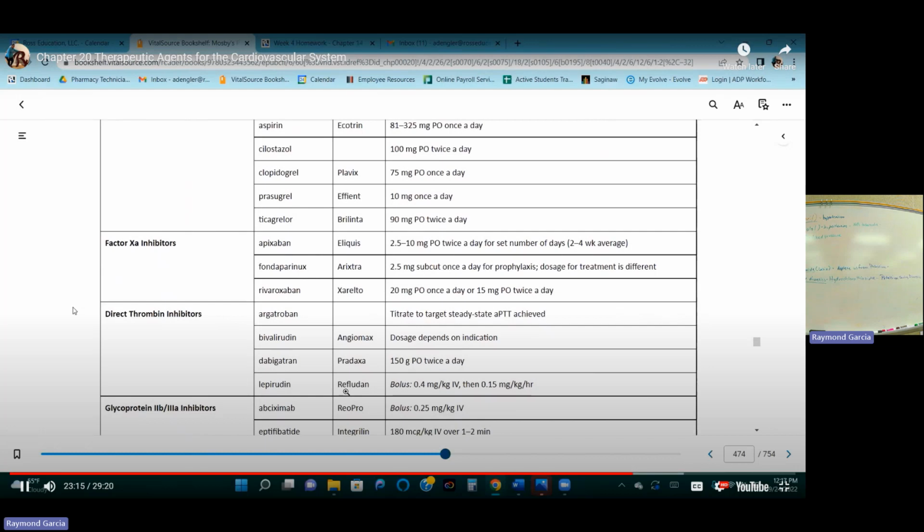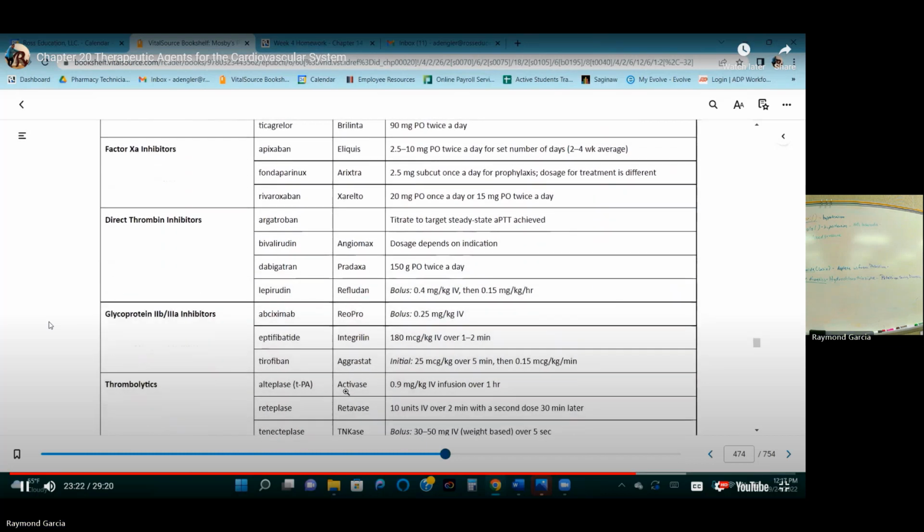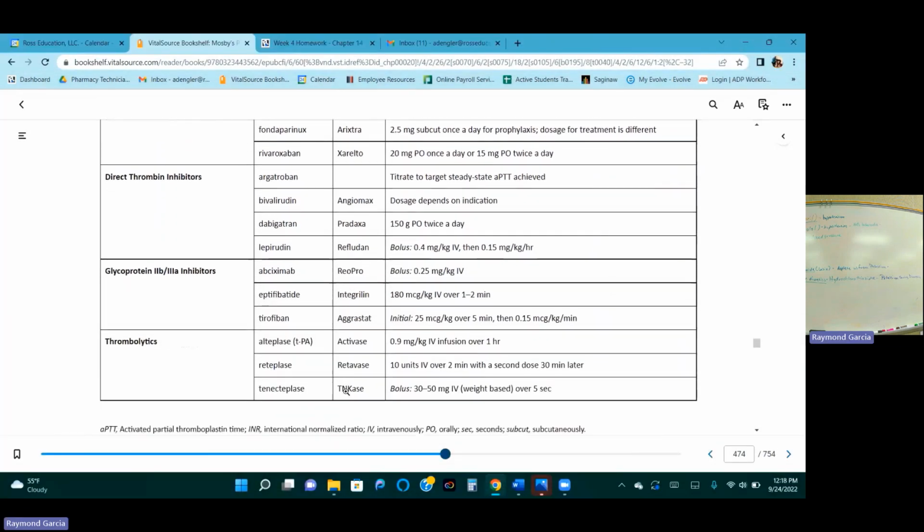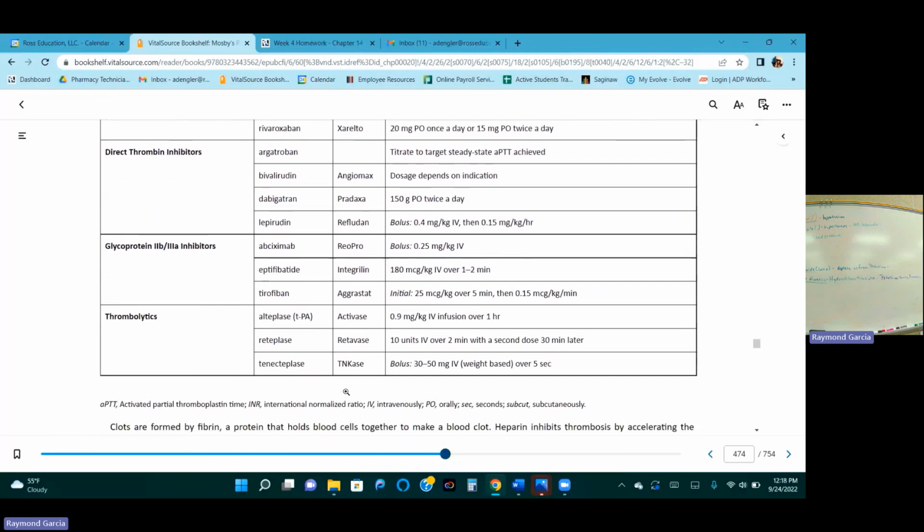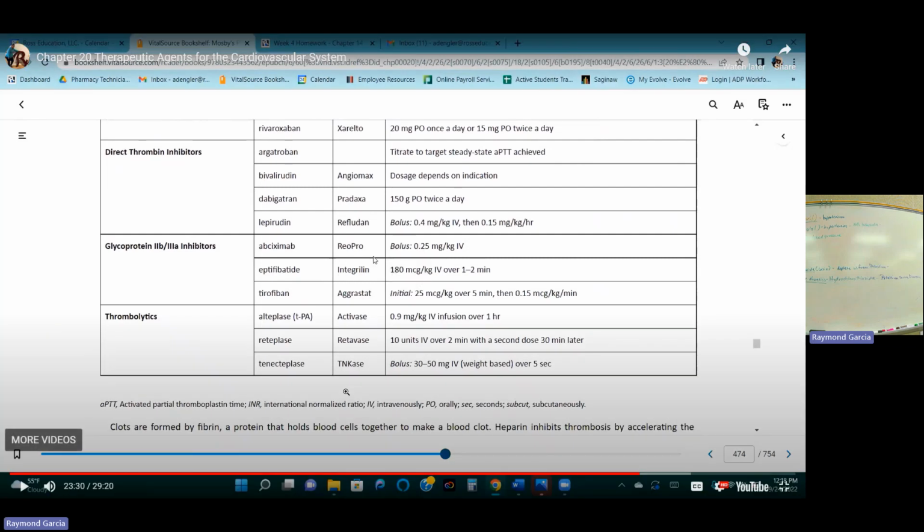Xaban, Eliquis, direct thrombin inhibitors, Pradaxa, Refludan, glycoprotein IIb/IIIa inhibitors like Aggrastat or Integrilin. And a lot of these are IV. So you're going to be getting these when you're in the hospital for the most part.